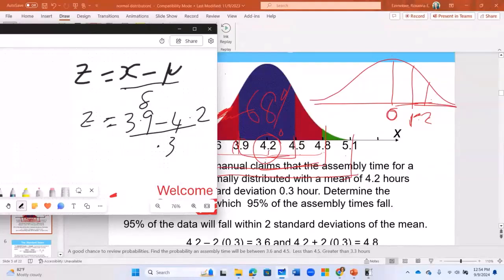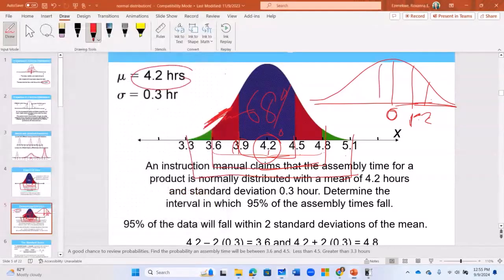If I look at the numerator, 3.9 is smaller than the mean, so 3.9 minus 4.2 is negative. So minus 0.3 divided by 0.3 is negative 1.